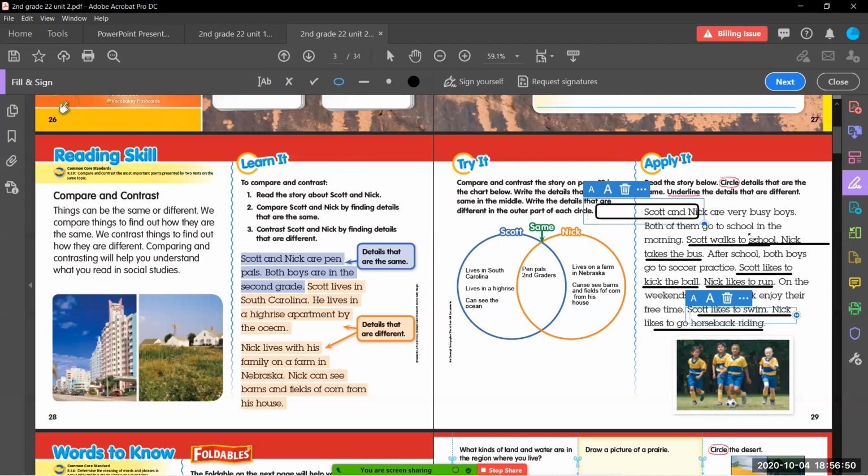It's just going to take a minute. All right. So I know over here, Scott and Nick are very busy boys. So I can take this, I can drag it around. And I know both of them go to school in the morning. And after school, they both go to soccer practice.